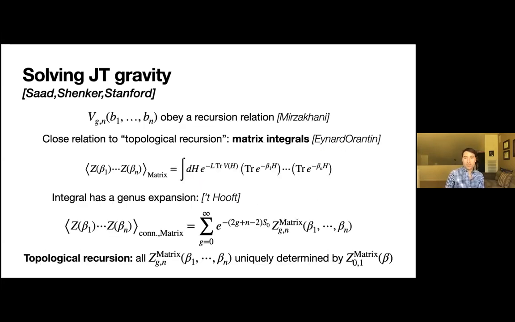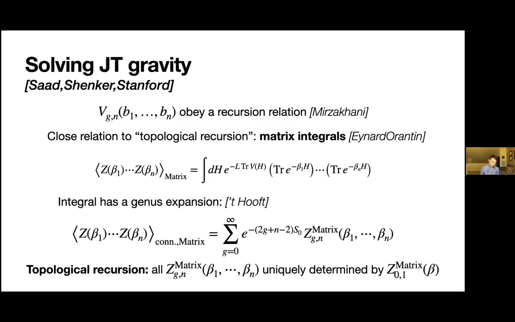And Einard Norentin pointed out that this recursion relation of Mirzakhani is very closely related to so-called topological recursion that's obeyed by matrix integrals. So now I have to tell you what a matrix integral is.